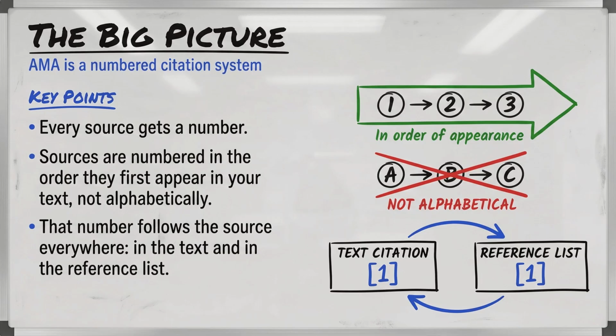In AMA, order of appearance is everything. And once a source has a number, it keeps that number for the rest of the paper. This numbering system is key to understanding how AMA works, and it's a major shift from other styles you might know. Next, we'll look at how those numbers work in your actual text.